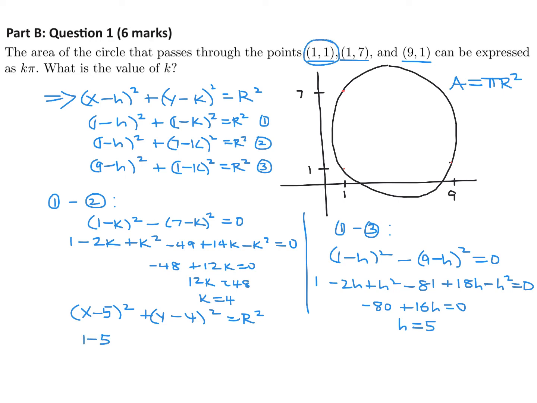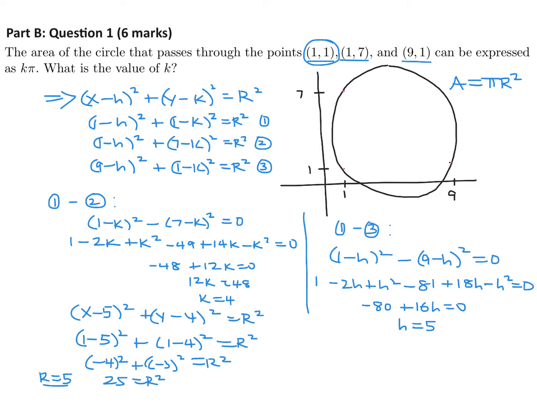So that'll be (1 minus 5) squared plus (1 minus 4) squared is r squared. So that's (minus 4) squared plus (minus 3) squared is r squared. So that's 16 plus 9, which is 25. And therefore r is equal to 5.